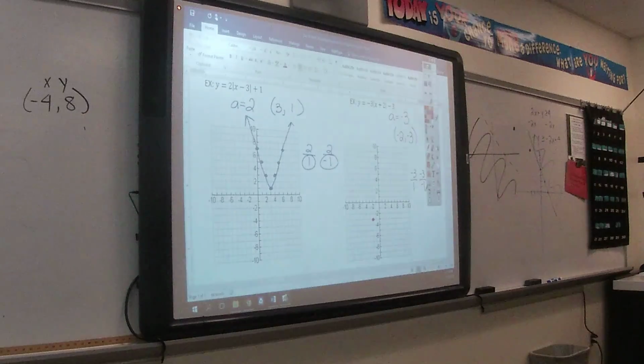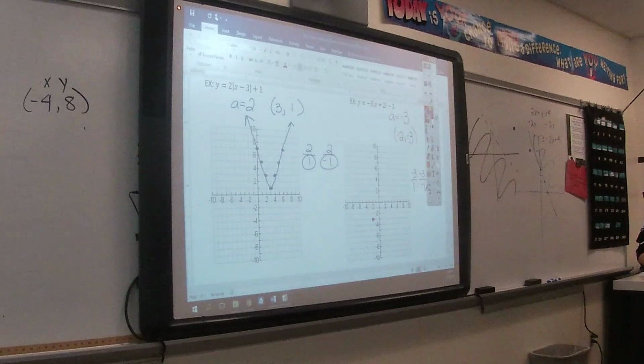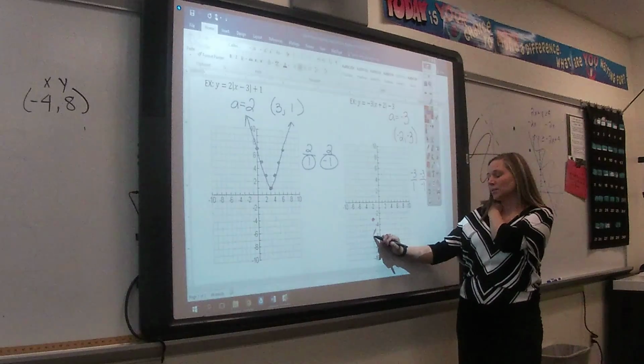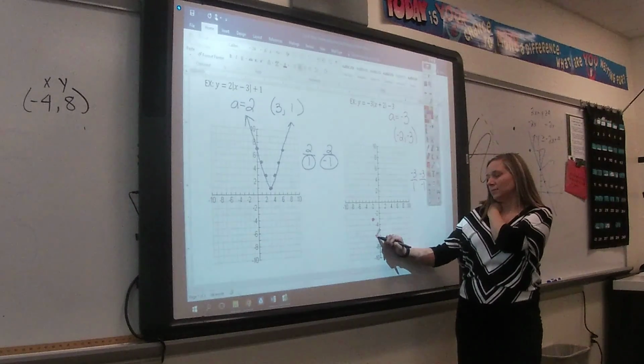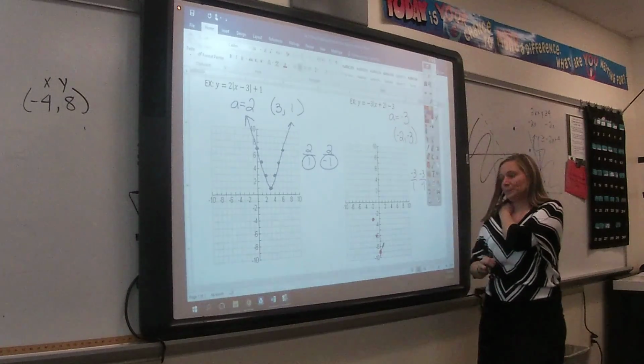Yes, Leah? Will it always be negative 1 under it? Well, if it's a fraction to start with, it's just changing the sign of the denominator. We'll look at some of those here in a little bit. So from here, I'm going to go down 3, right 1. Down 3, right 1.